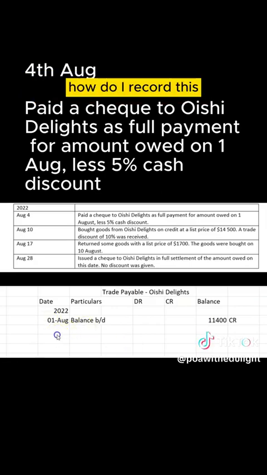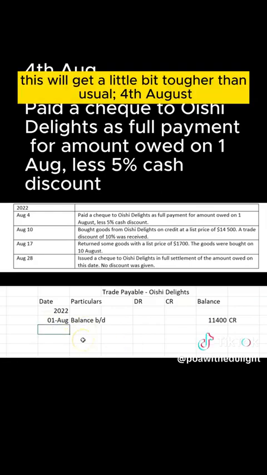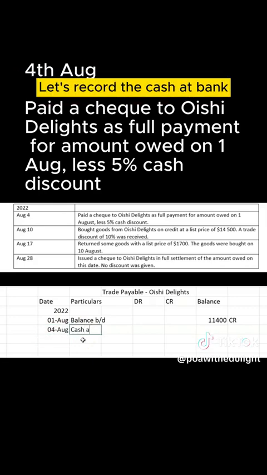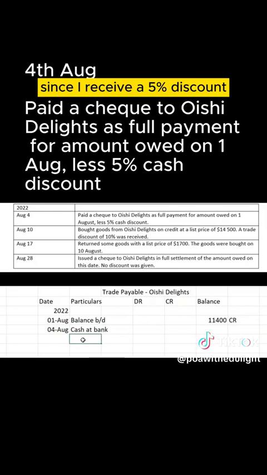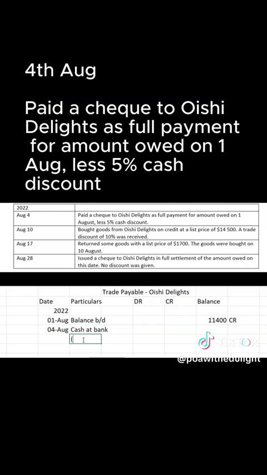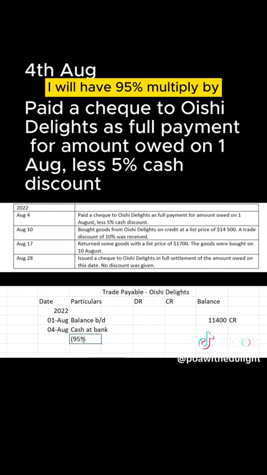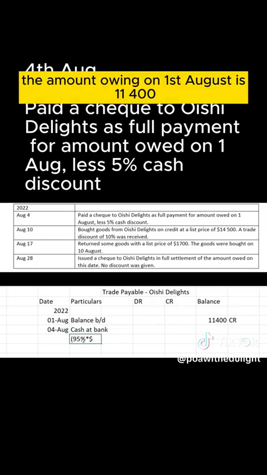How do I record this? This will get a little bit tougher than usual. Okay, 4th August, let's record the cash at bank. Since I receive a 5% discount, I will have 95% multiplied by the amount owing on 1st August, which is 11,400.